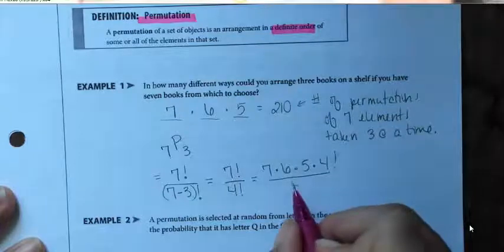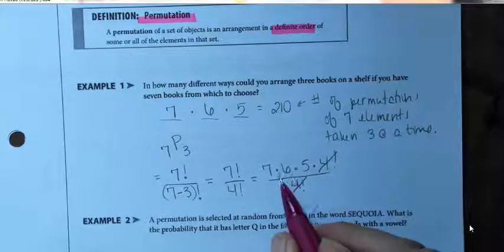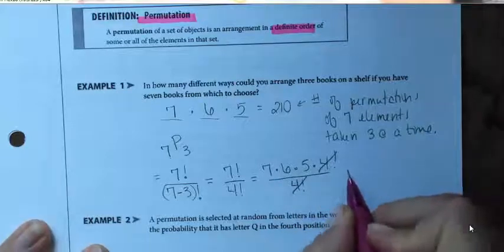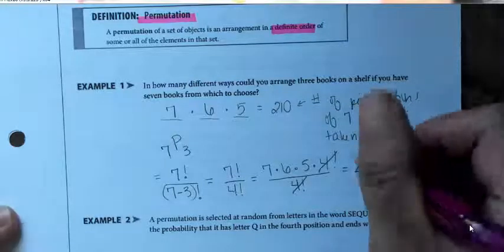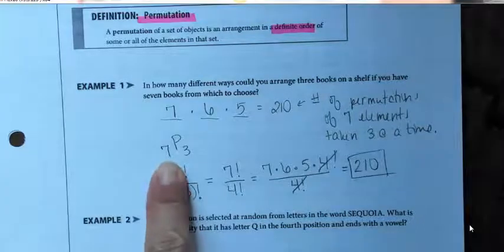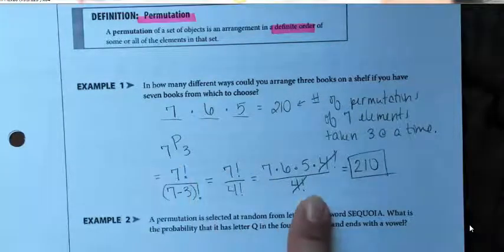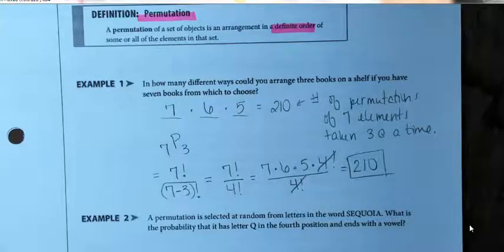So over here I'm just going to write 4 factorial, and those reduce, and now I'm just at 42 times 5, which will also give me 210 possible permutations. Okay, so that's one way of doing that. Your calculator will also do this, but it is important that you're able to do this without a calculator at times. I'll show you that in a minute.